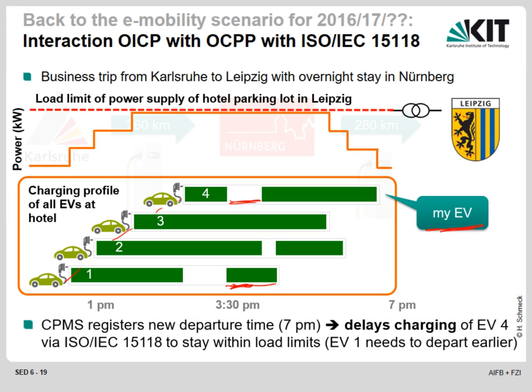So the charging point management system here registers the new departure time, delays the charging of electric vehicle 4, as I said, and electric vehicle 1 actually needs to depart earlier and can do that.